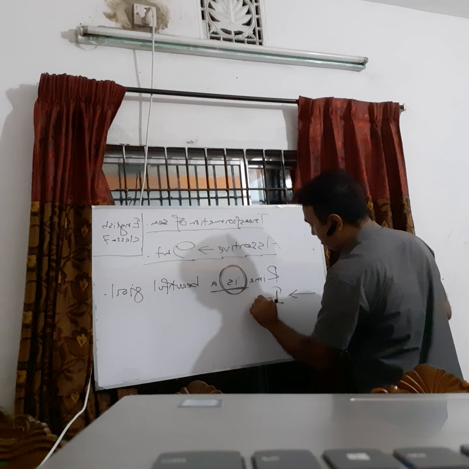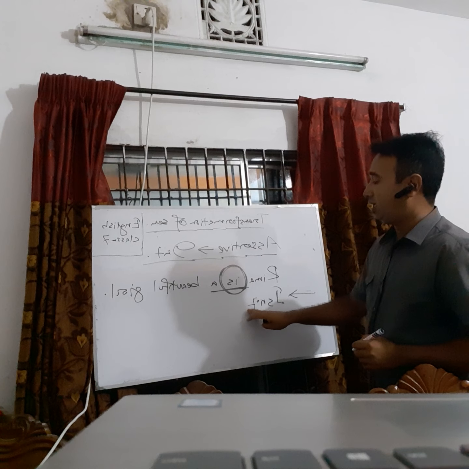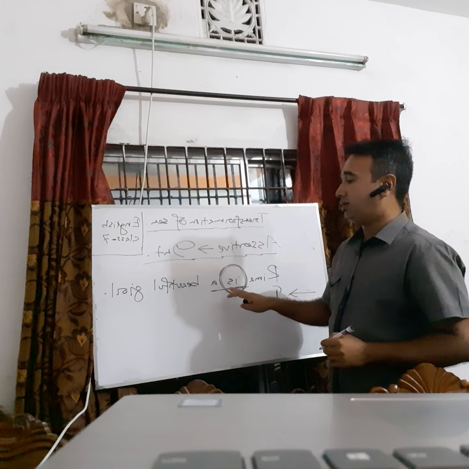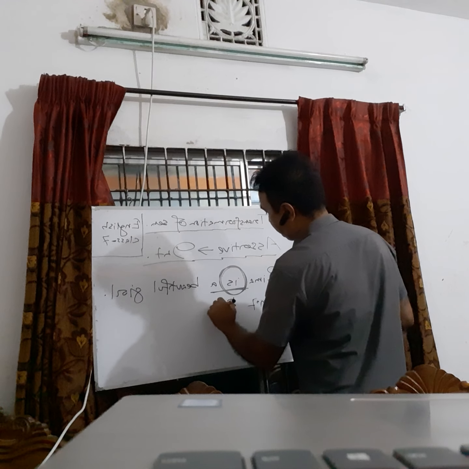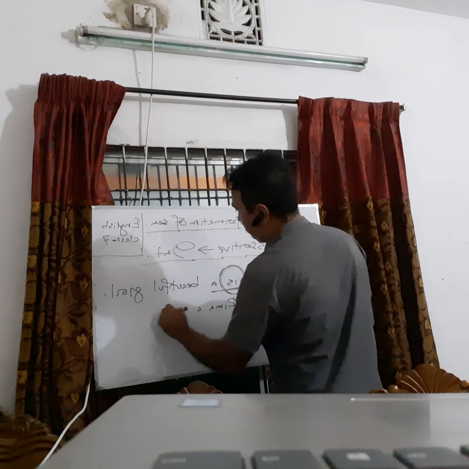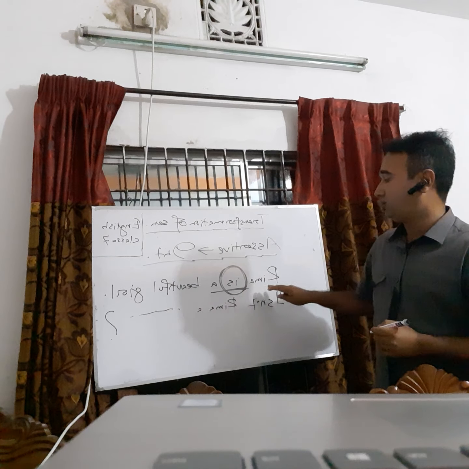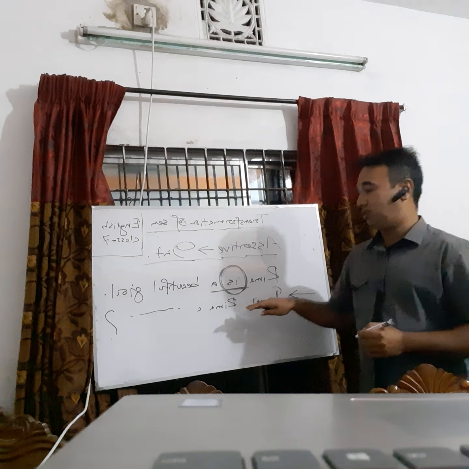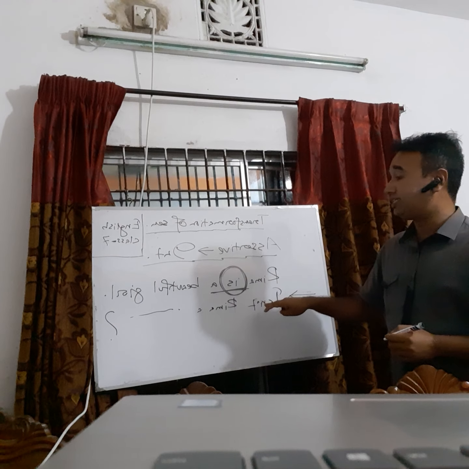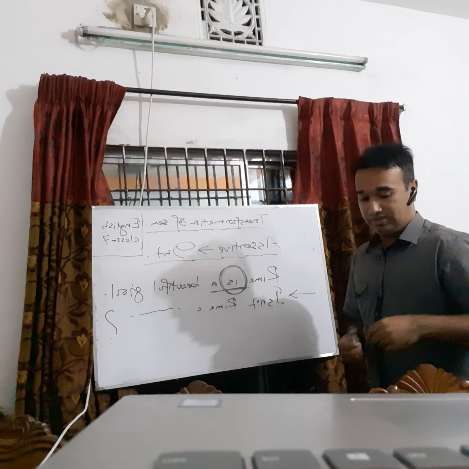Isn't. Then write down the rest of the sentence. Isn't Rima a beautiful girl? And last of all, the question mark. So the interrogative form of this sentence is, isn't Rima a beautiful girl? Okay.